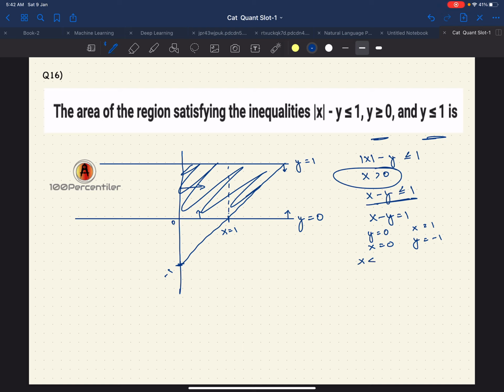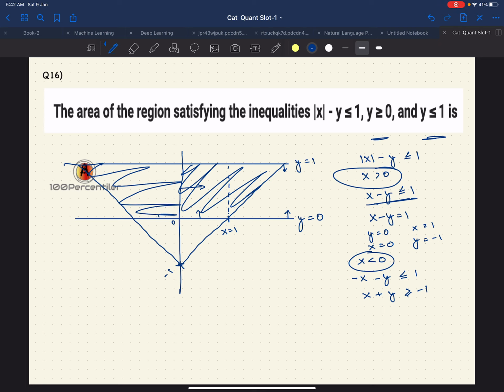Now for x less than 0, we know that mod x equal to minus x, so minus x minus y is less than or equal to 1. So this is x plus y greater than or equal to minus 1. Once again, if we plot this, we'll get a symmetrical figure on the other side, and this will be the required area.